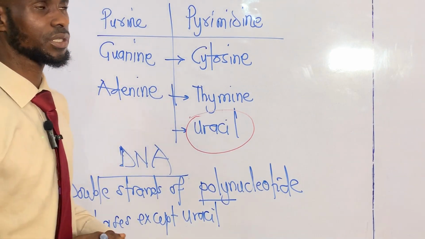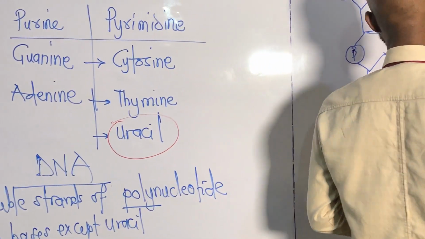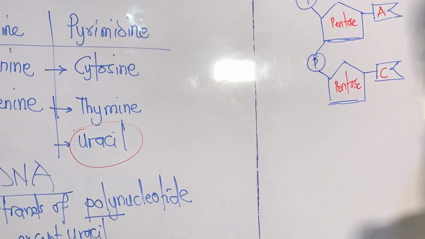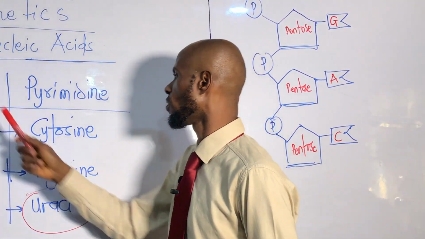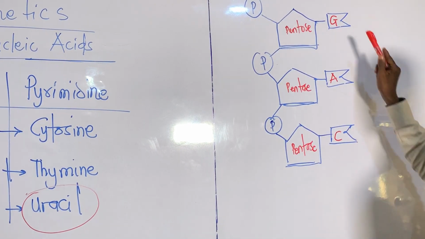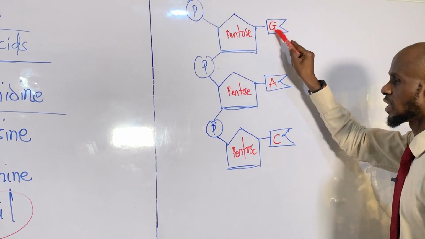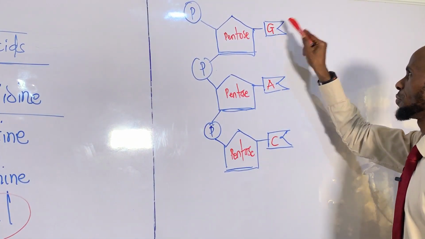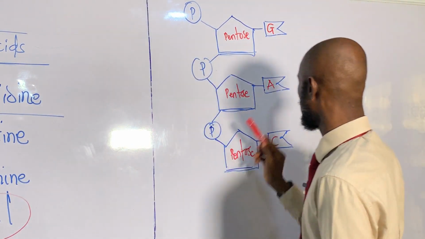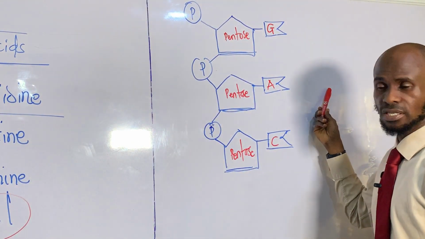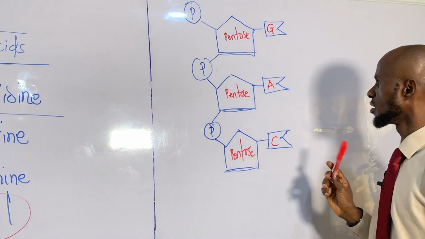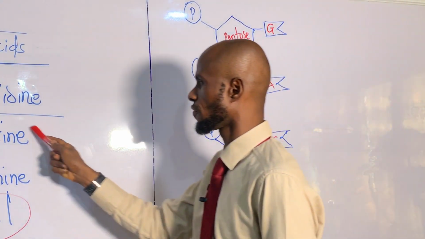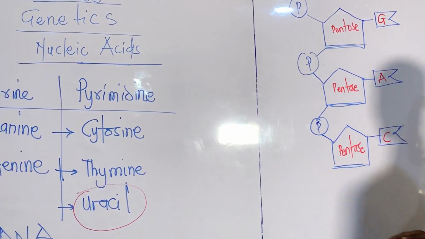All bases are found in the DNA strand except uracil. That is good. So I can pick any one of these 4 as a starting. So that means that the opposite will now be, if there is G here, then G will pair with the C. If there is A here, A will pair with T. And if there is C here, C will pair with G. So you start with any one of these 4.